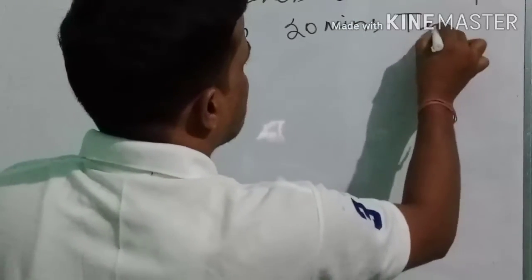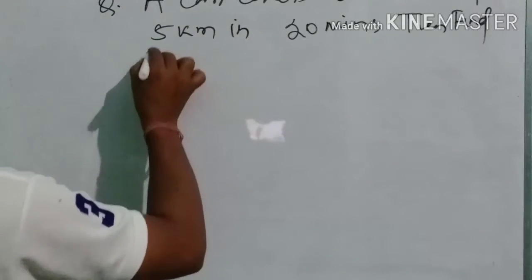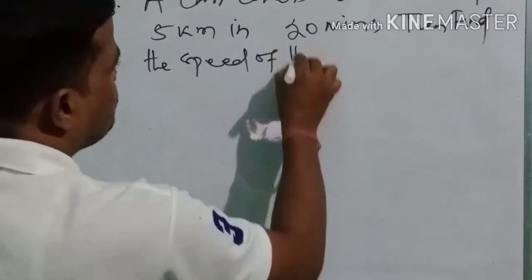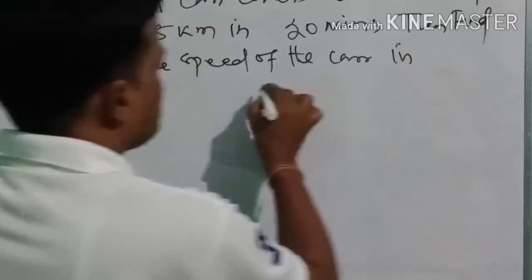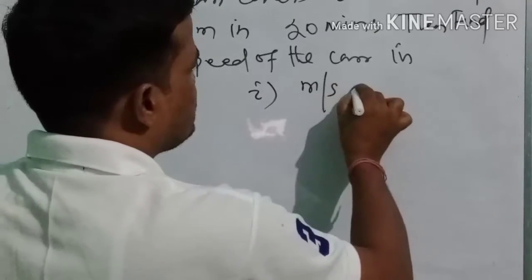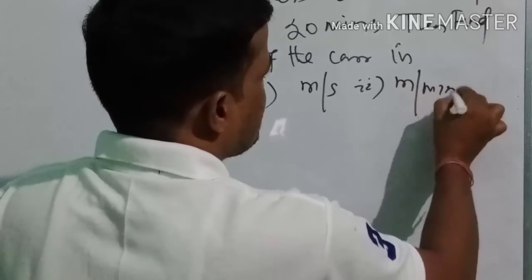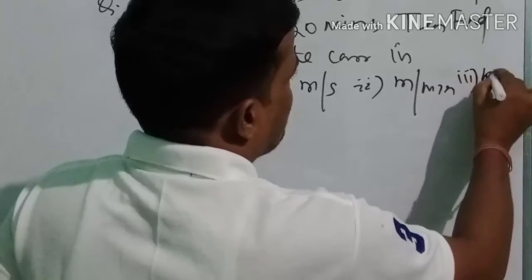Then find the speed of the car in number 1 meter per second, number 2 meter per minute, number 3 kilometer per hour.